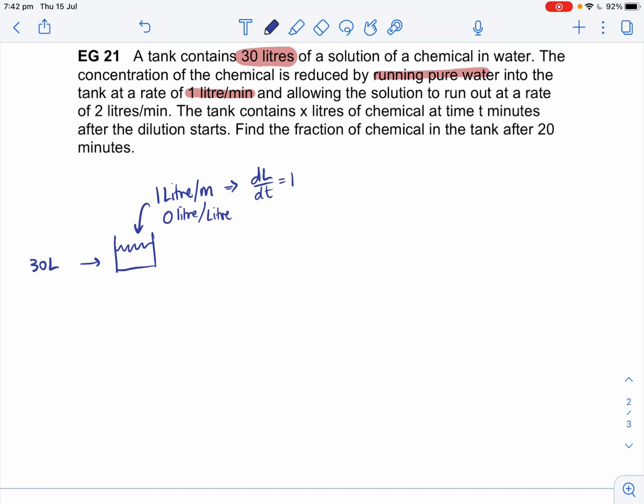Again, we've got this case where we've got litres per litre. Bit annoying, but we just have to deal with that. The difference here is x litres is my chemical, so this is dx dl.